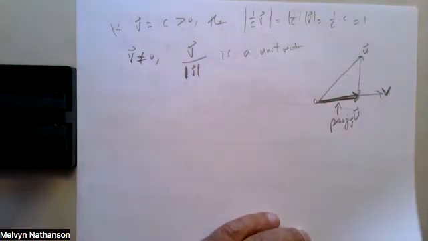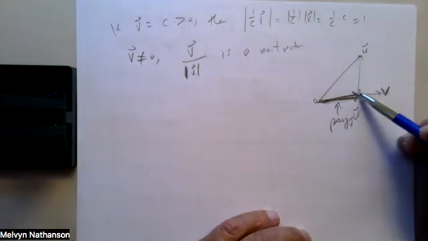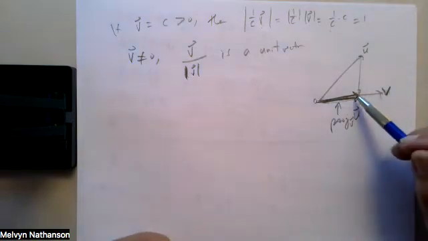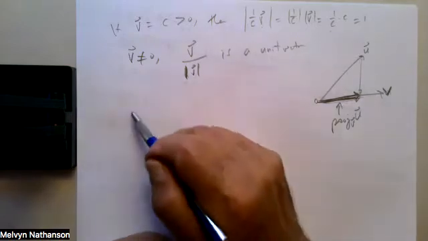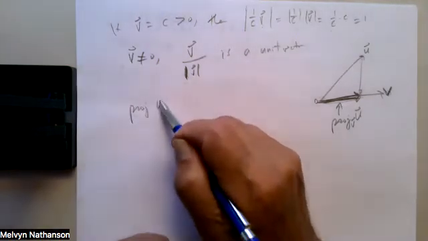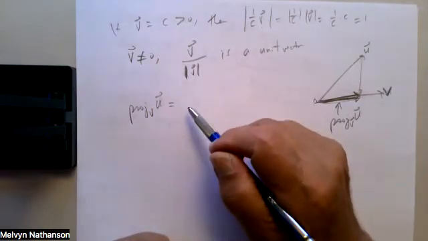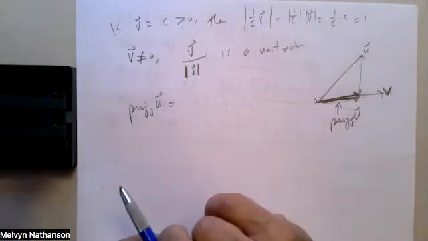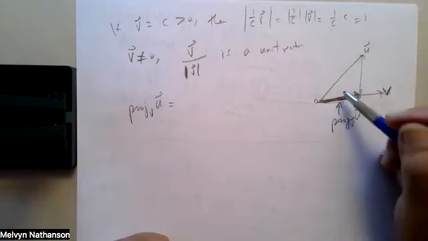Right? So here's u, here's v, and this is the projection of u onto the vector v. And there's a nice formula for this in terms of the dot product. And the formula says that the projection of a vector u on a vector v is... let me see how I could describe this geometrically.